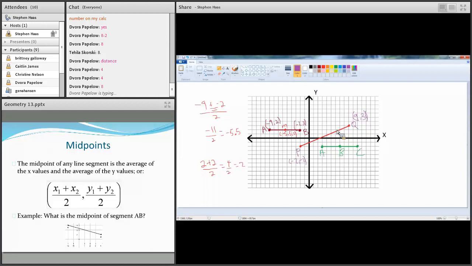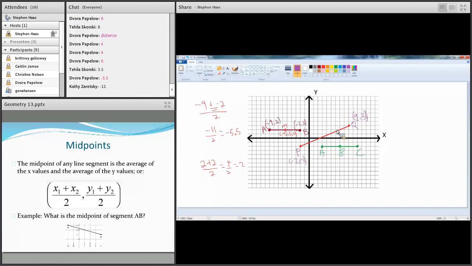An average, you always just add the 2 points up and divide by 2. What's negative 9 plus negative 2? Well, negative 9 plus negative 2 is negative 11, because the plus and the minus turn into a minus, so it's negative 9 minus 2, which is negative 11 divided by 2, equals negative 5.5.